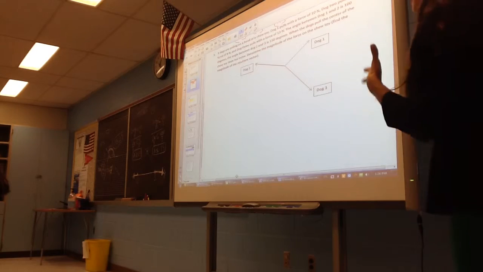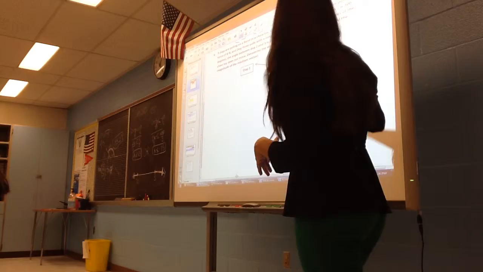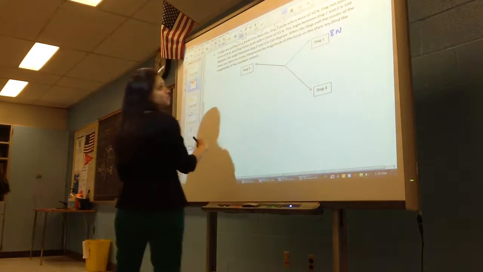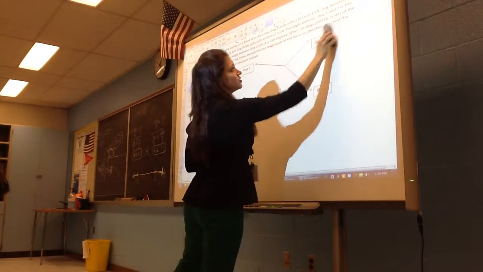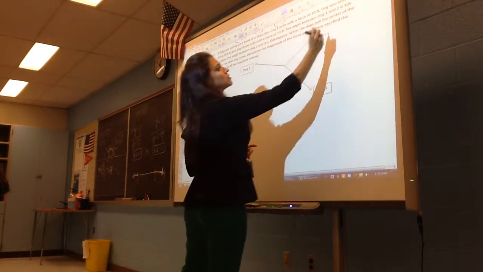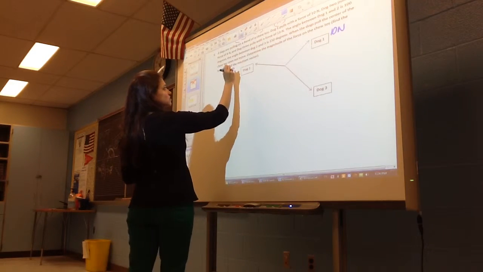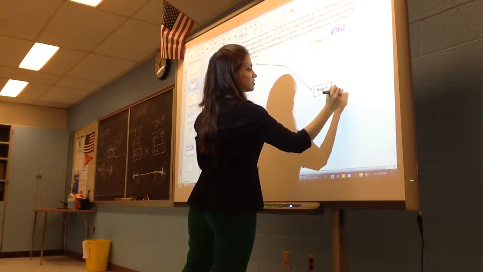Now, when I set up my picture, I know that dog 1 has a magnitude of, I'm sorry, I did that wrong. Dog 1 has 10 newtons. Dog 2 has 8 newtons. And dog 3 has 13 newtons.